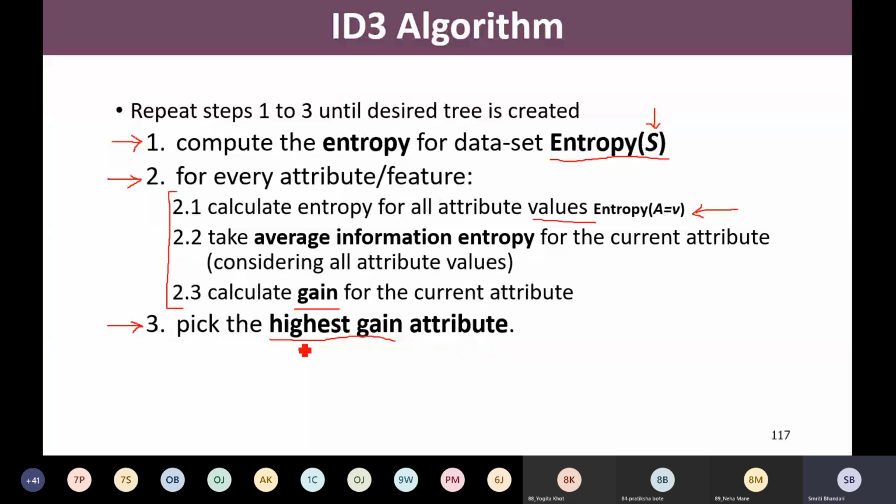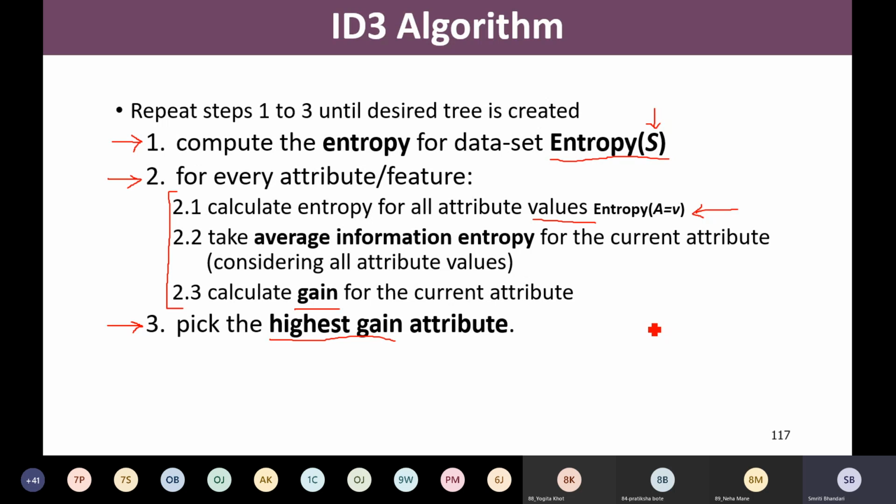After undergoing this ID3 algorithm, we get the attribute having the highest gain value, so we make use of that attribute as the decision node, and we proceed further. Repeatedly we need to make use of this ID3 algorithm until we come up with our entire tree.